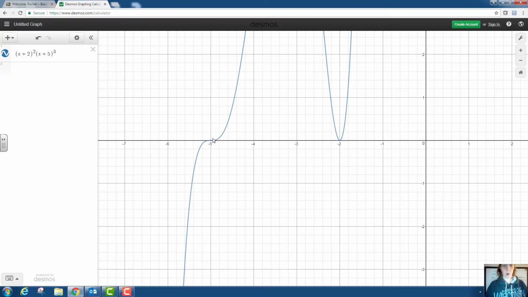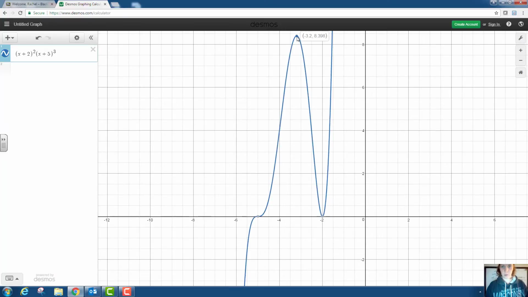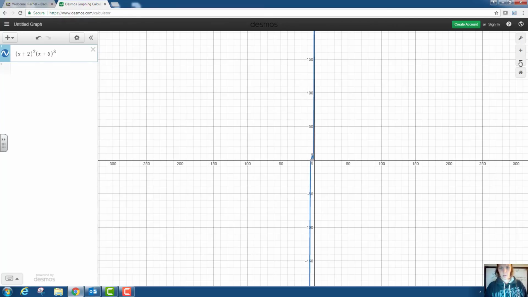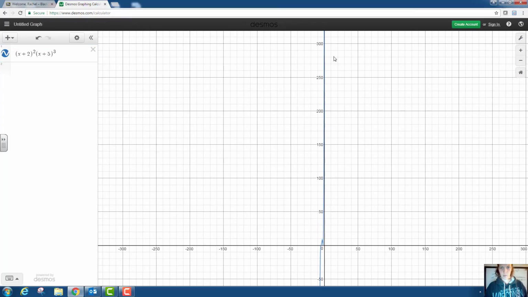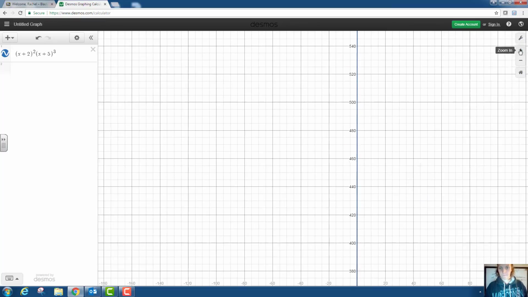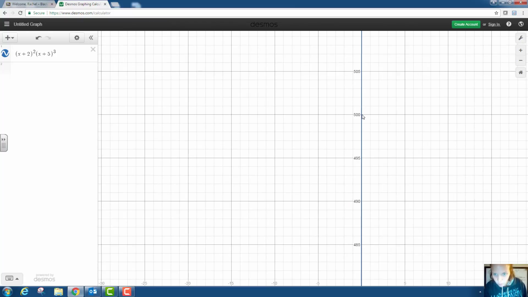So it's going to come up, cross at negative 5, 0, and then it went up, hit a high point, looks like negative 3.2, came back down to negative 2, 0, and back up. And then it jumped up really quick and it's not going to cross until, let's double check it, is it 500? Ooh, I can barely even see it, but 0, 500, yep.